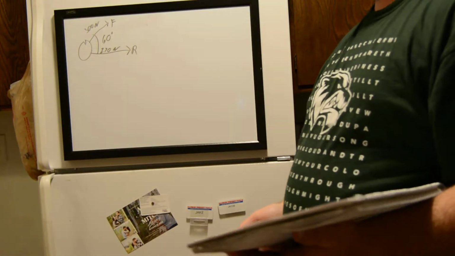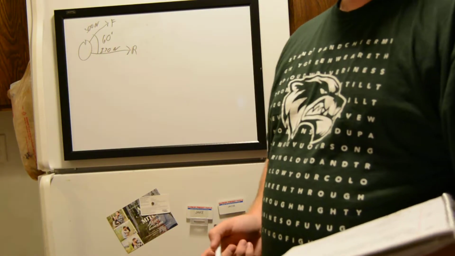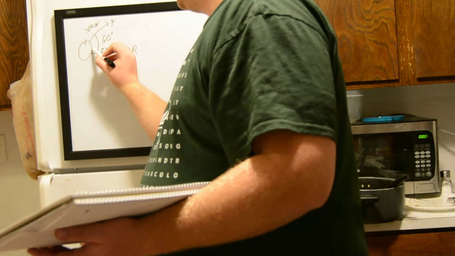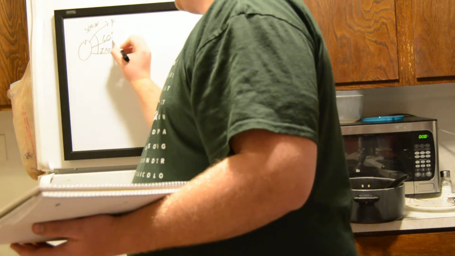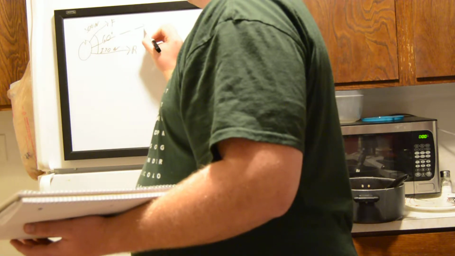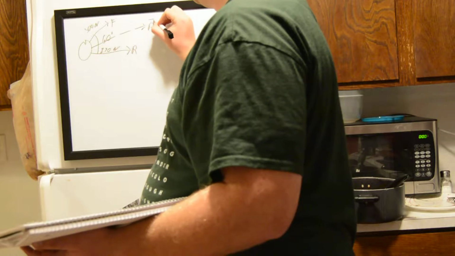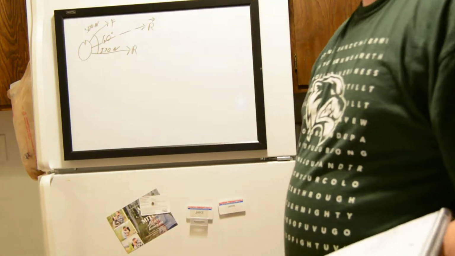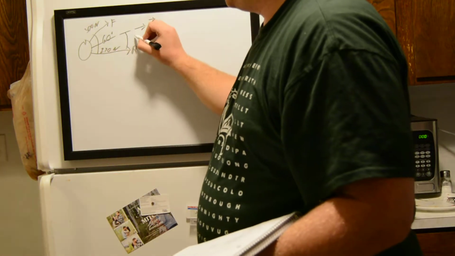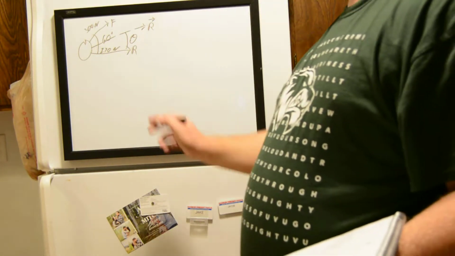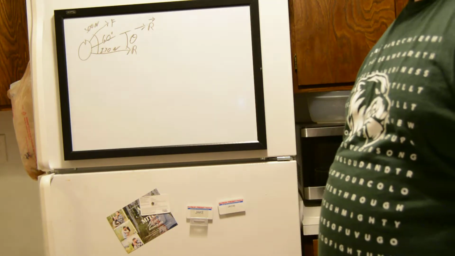And so now what we're trying to find in this problem is the magnitude and angle of the resultant vector that forms from Rover's position.